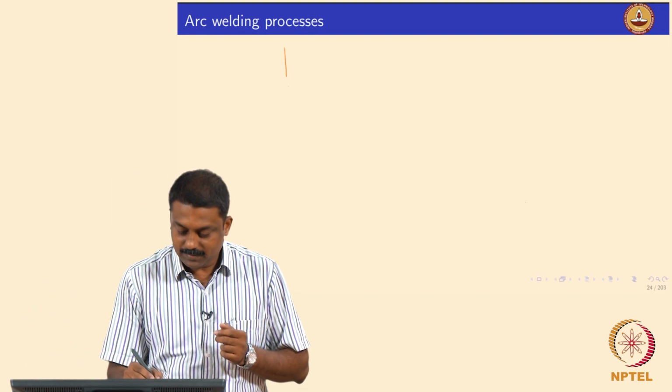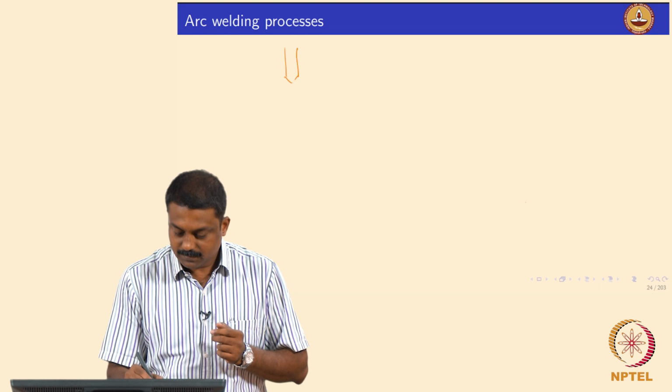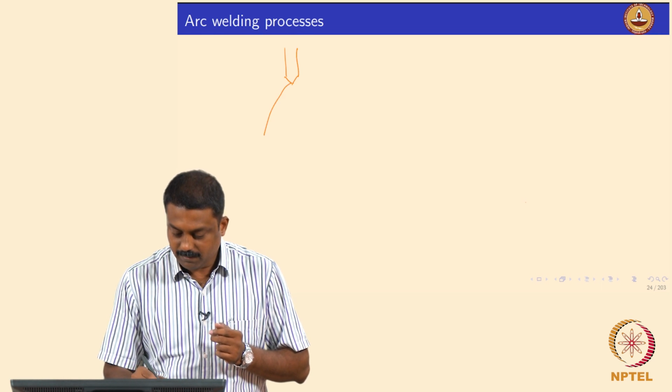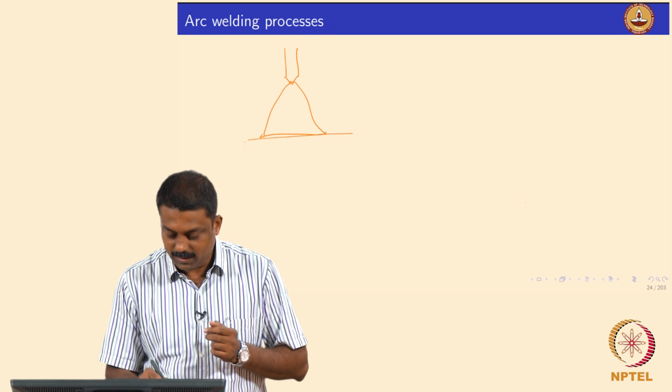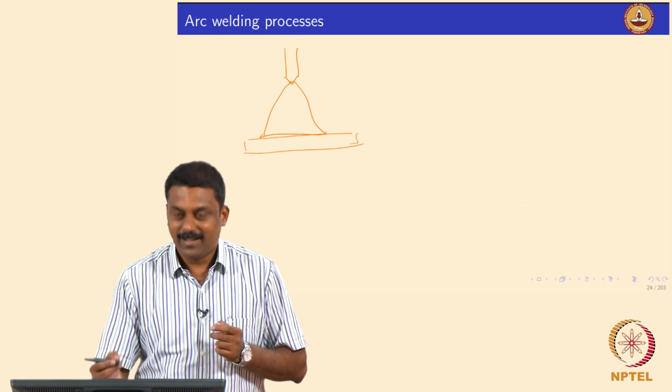Okay, so last class we were looking at the distinct regions in an arc, right? So we saw three regions. What are the three regions we saw in an arc? Suppose you have an arc. I'm not a good artist, but still you can imagine.